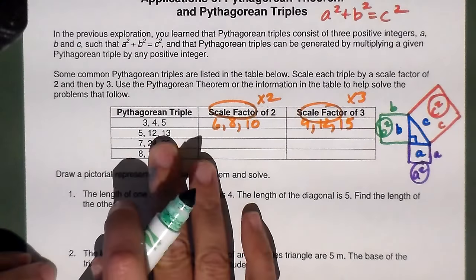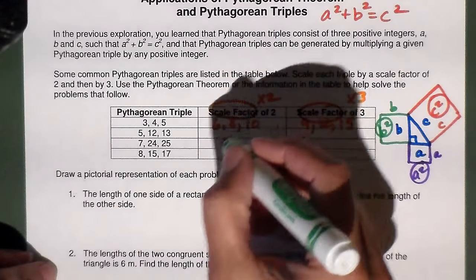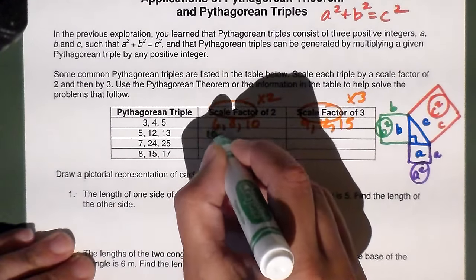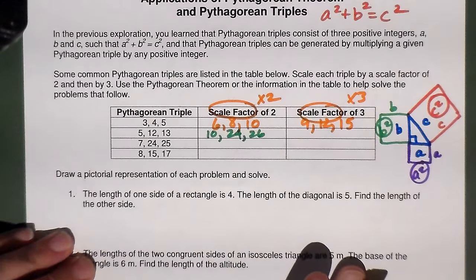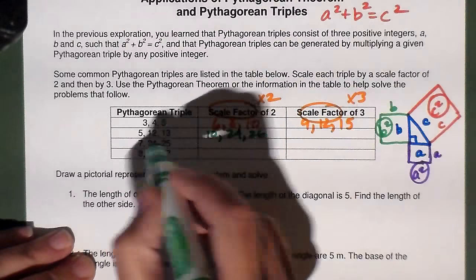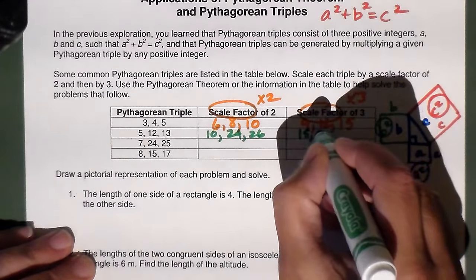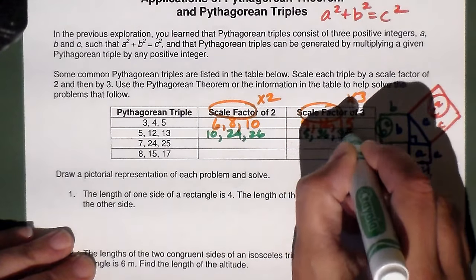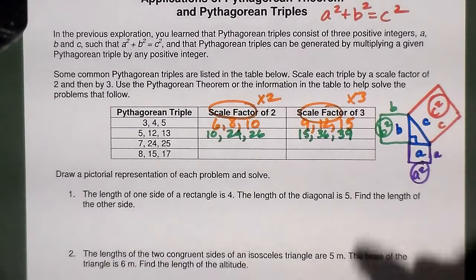5, 12, 13 is our next Pythagorean triple. If I do a scale factor of 2, that means 10, 24, and 26 would also be a Pythagorean triple. And if I do a scale factor of 3, that means 15, 36, 39 would also be a Pythagorean triple. All of these are right triangles.